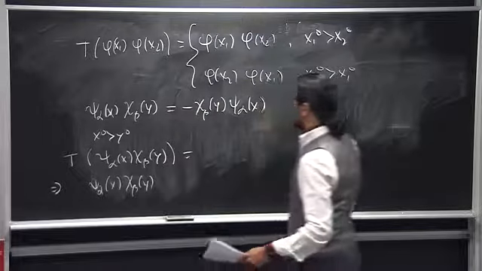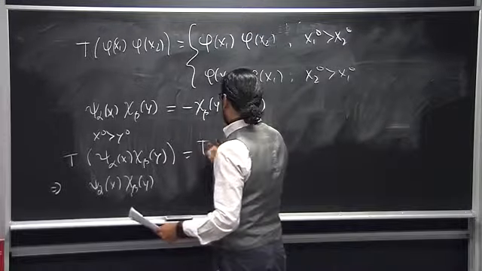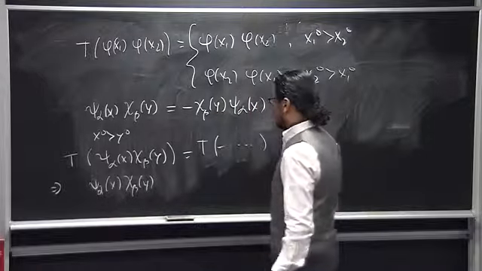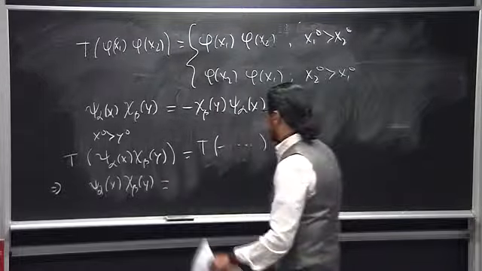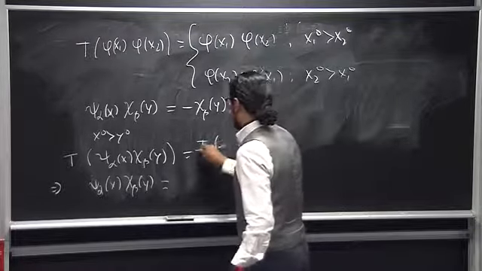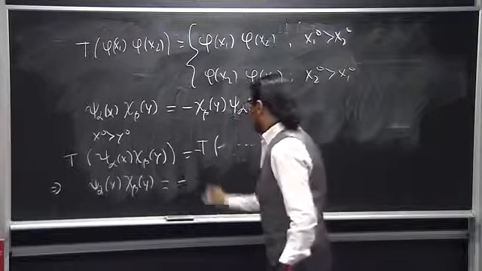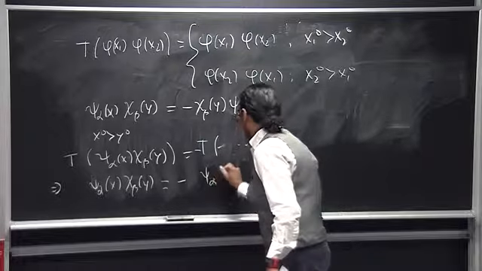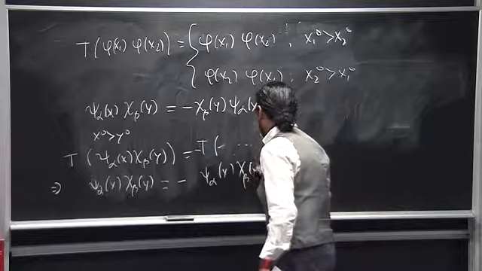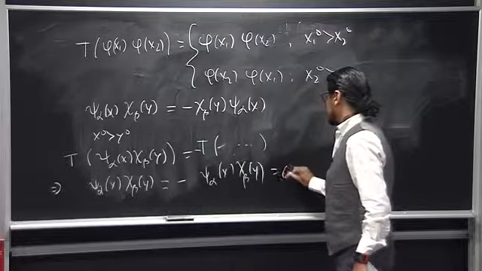But on the right-hand side this is not time ordered, and there's a minus sign here. So if we assume our same definition of the time ordering, there would be a minus sign, psi alpha of x, chi beta of y, which would mean that this is 0.